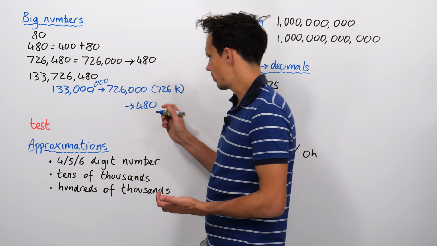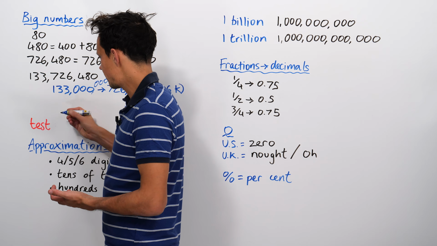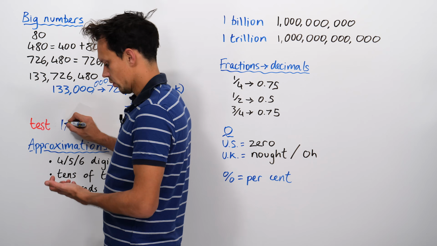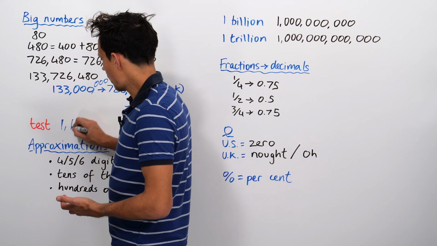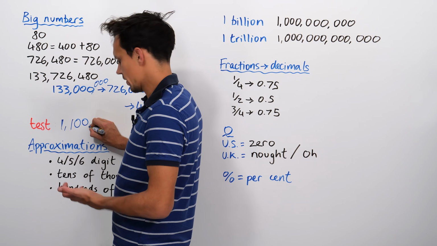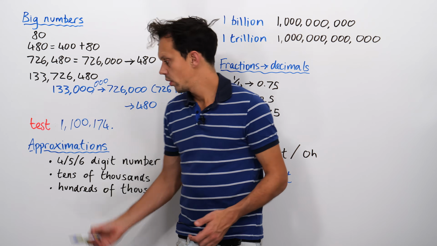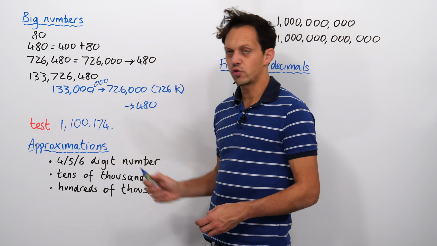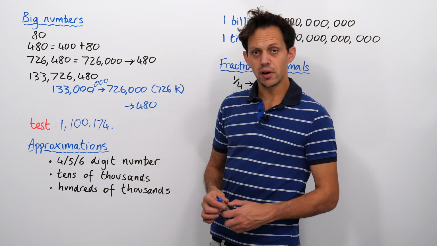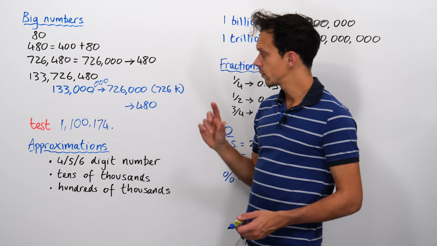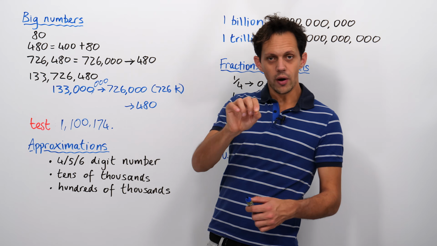Should look something like this. 1,100,174. If you got that right, give yourself a pat on the back. If not, rewind.